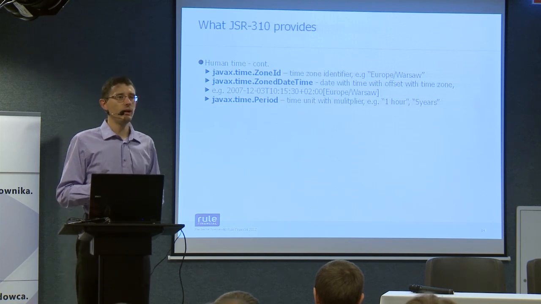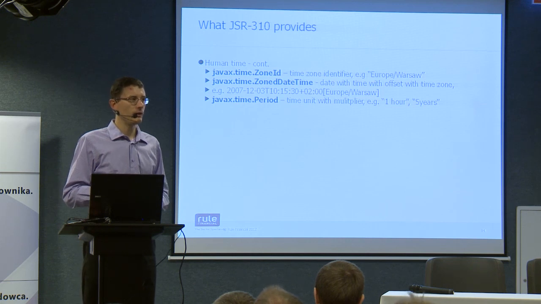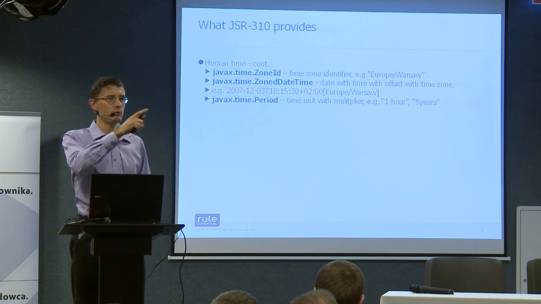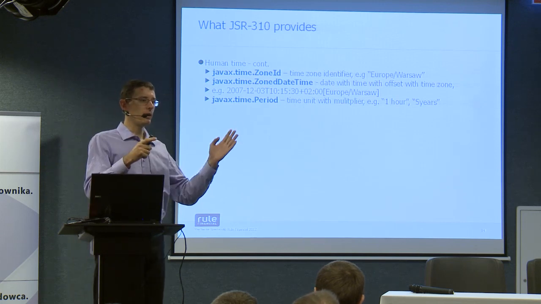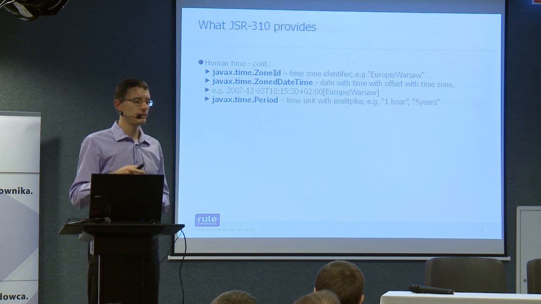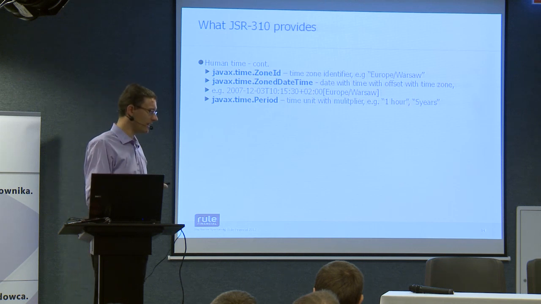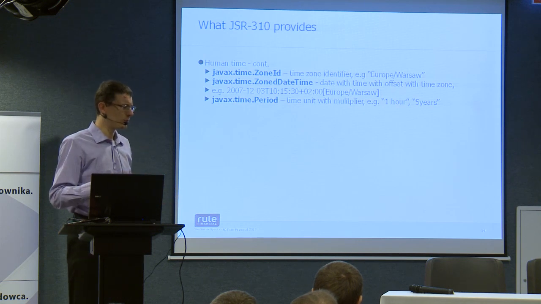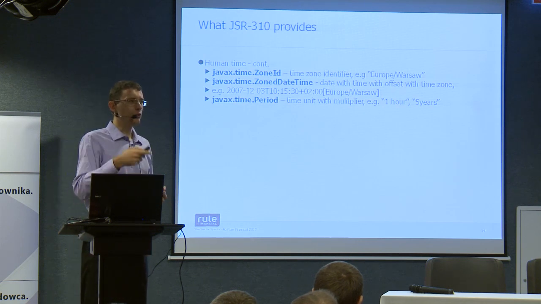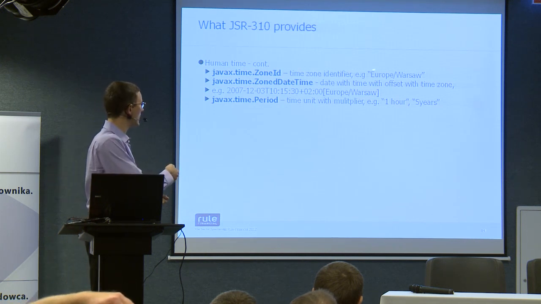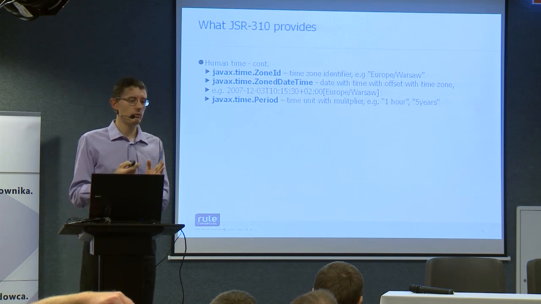For example, on Sunday, in 2 days, we will have a case when, as I mentioned, the time will go to 3 a.m. and suddenly go back 1 hour. So the time, for example, 2:15 will happen twice. So if you have a date like 28th of October 2012, 2:15, and in this time zone you don't know what the instant is.